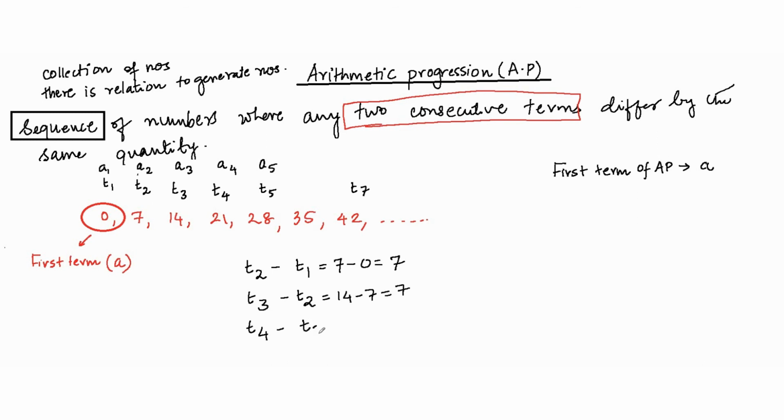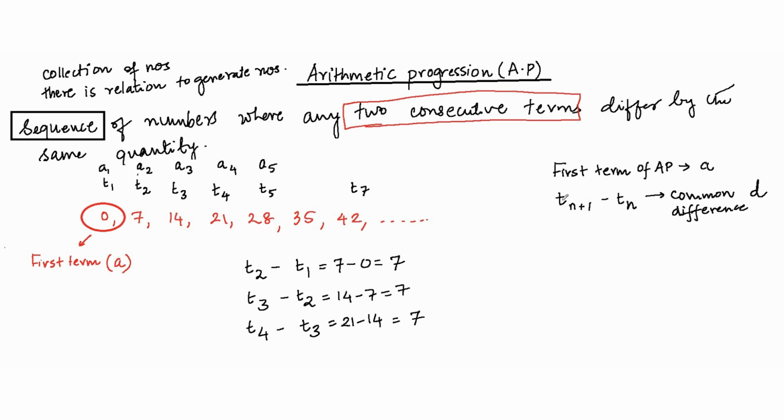T4 minus T3 is 21 minus 14, which is also 7. So therefore, the difference between the n plus 1th term and the nth term is called the common difference, right? And common difference is represented by the letter D.